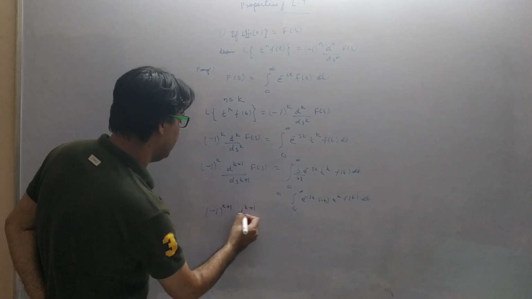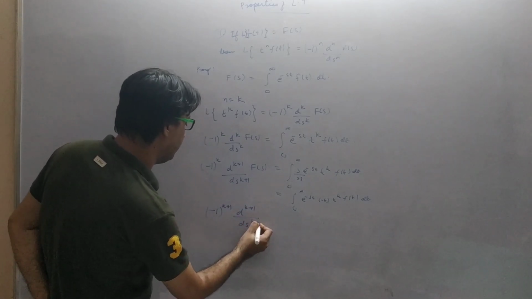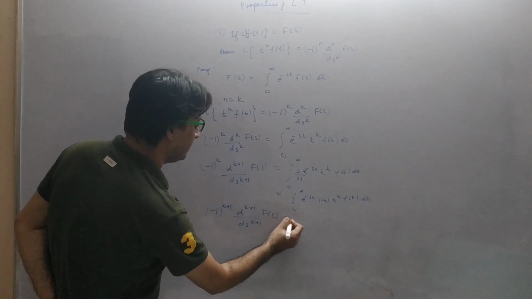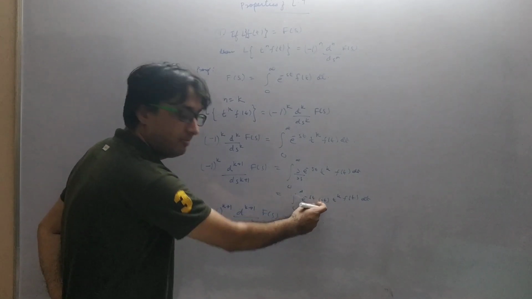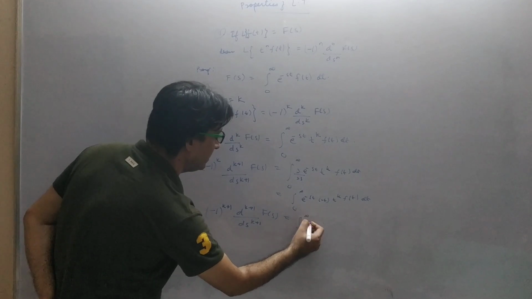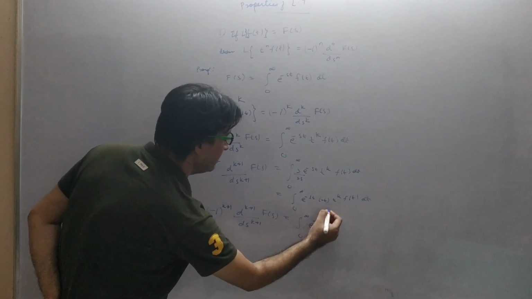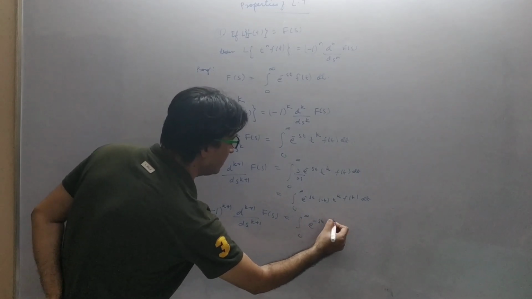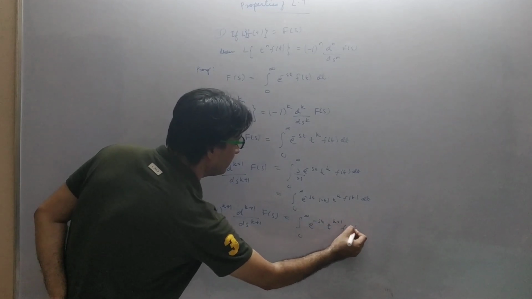So d^(k+1) by ds^(k+1) F(s) is equal to, minus minus becomes plus, integral 0 to infinity e to the power minus st t^(k+1) f(t) dt.